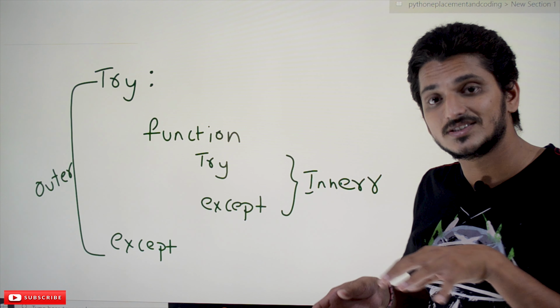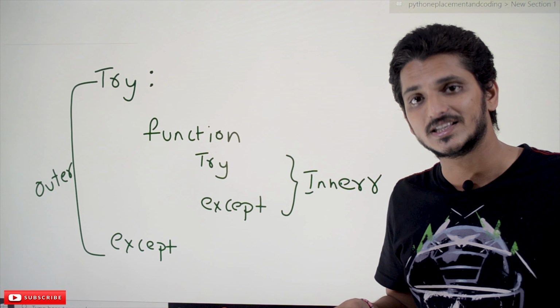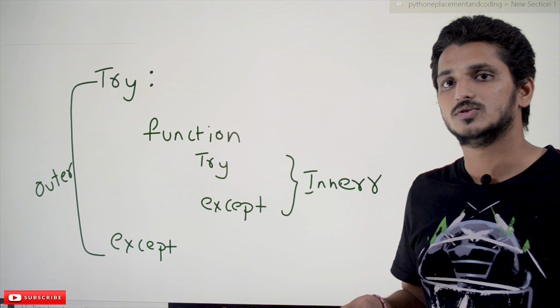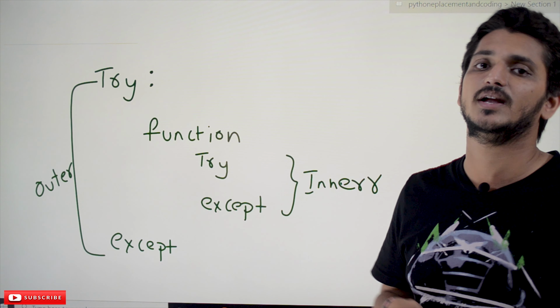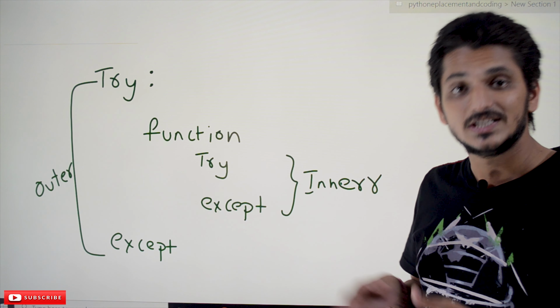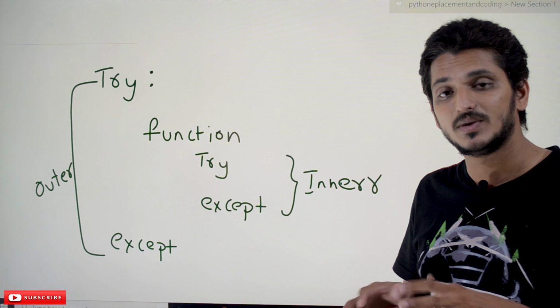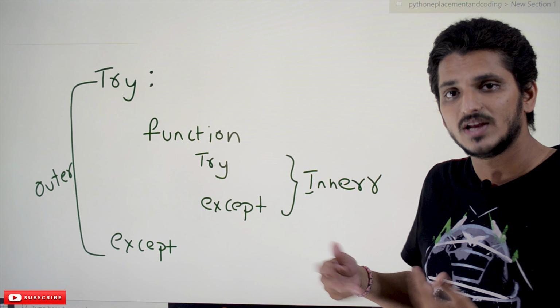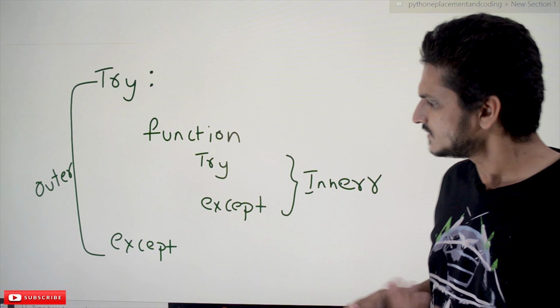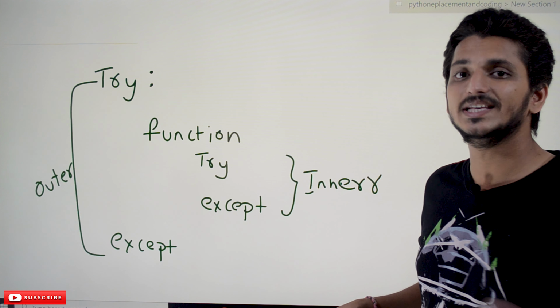This is not discussed in our basic Python exception videos. That's why these programs will help you in a deeper understanding of the concepts. These examples are taken from different sources, different placement exams, so that they will help you write placement programs easily.